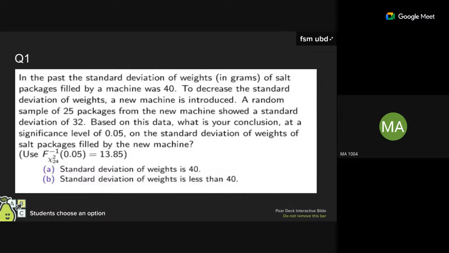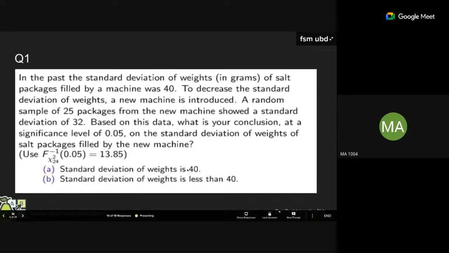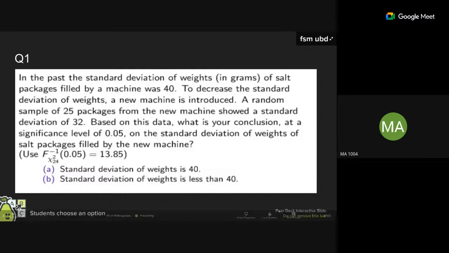So read the second statement properly, and from that you will get the alternative. After computing, you either reject the null or accept the null. If you accept the null, choose option A. If you reject the null, that means you accept the alternative, which is option B.